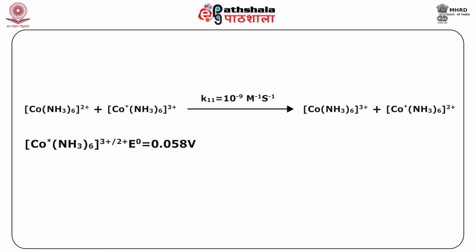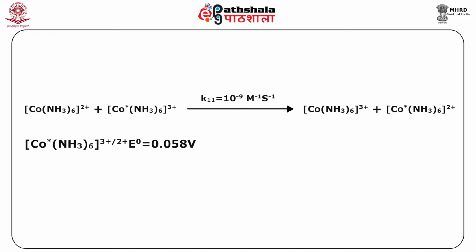Similar self-exchange reactions are also noted, like cobalt hexammine 2+ and cobalt hexammine 3+. When they react together, the 2+ complex is converted to 3+, and the 3+ is converted to 2+, and the rest of the parameters are the same.